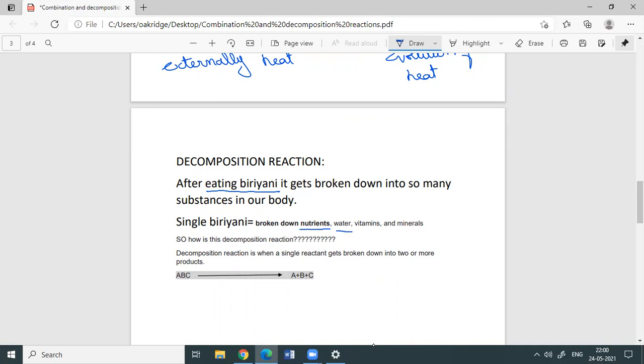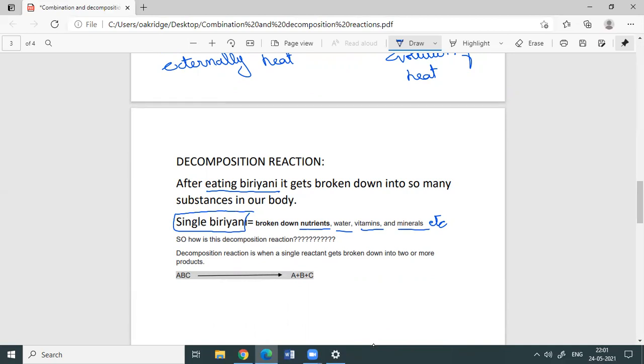The water present in the biryani can be broken down. You will have vitamins and minerals because there are some vegetables added to it. So a single biryani which you are eating is getting broken down into nutrients, water, vitamins, minerals, fat, carbohydrates, whatnot, right?